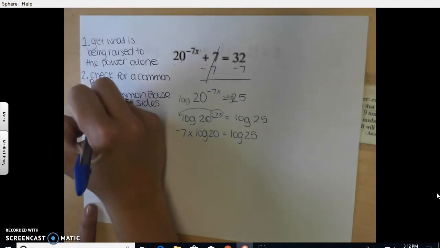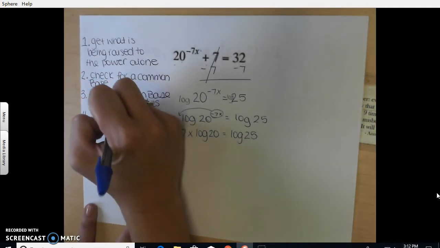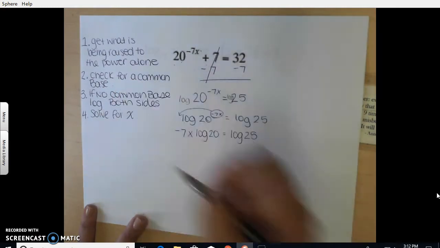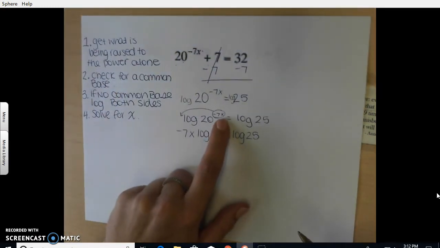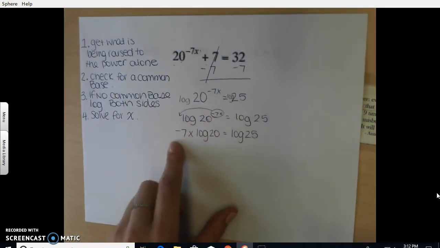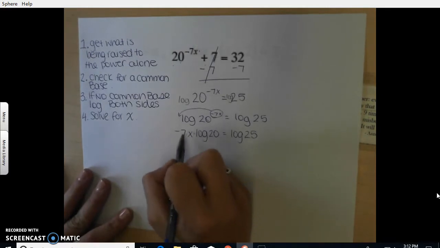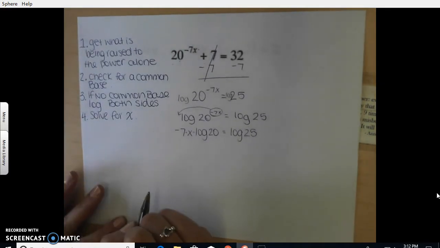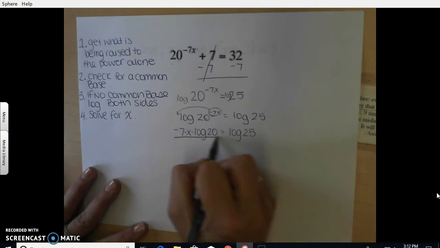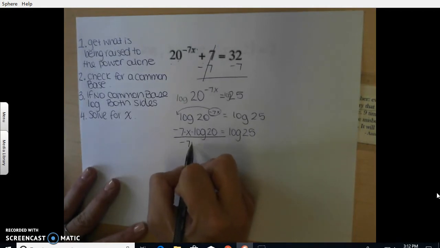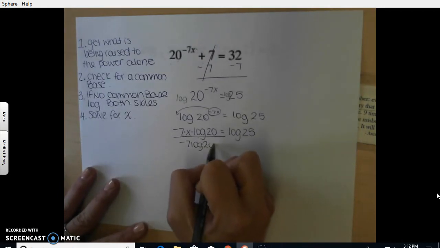And then we solve for x. So we used our power property to bring that exponent to the front. And now in order to get x by itself, since it's being multiplied by negative 7 and log of 20, I am going to divide by negative 7 log of 20.